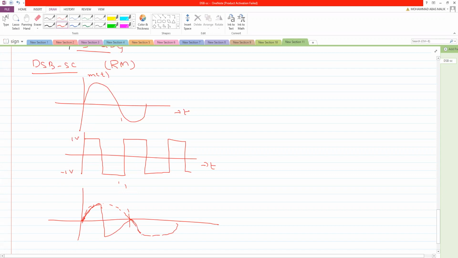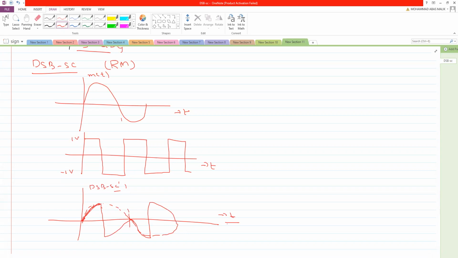Similarly, for this it will be. Are you getting me? So this solid figure is the output, and this is your double sideband suppressed carrier, and its advantage was already listed in the beginning.